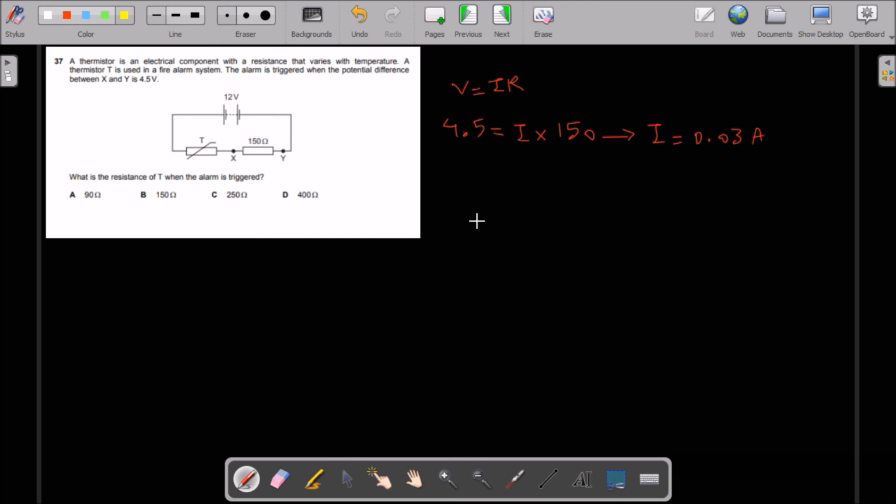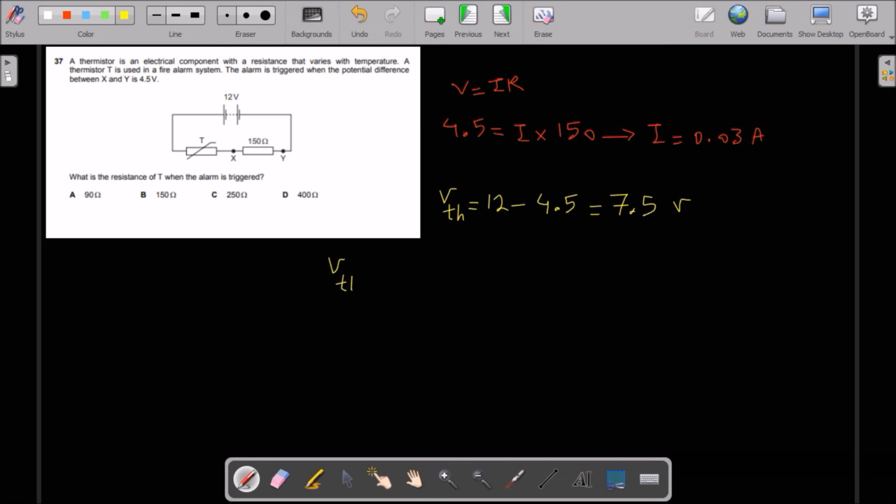Then I want to find the potential difference of the thermistor. The potential difference of the thermistor equals the electromotive force of the battery, 12 volt, minus 4.5, which is 7.5 volt.